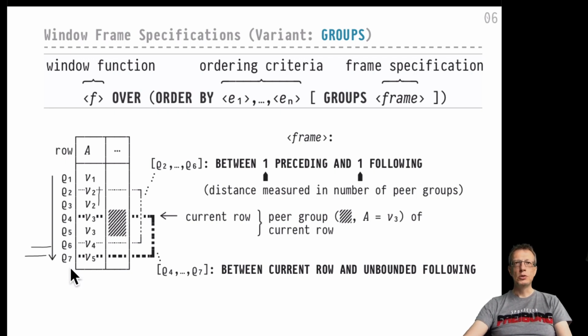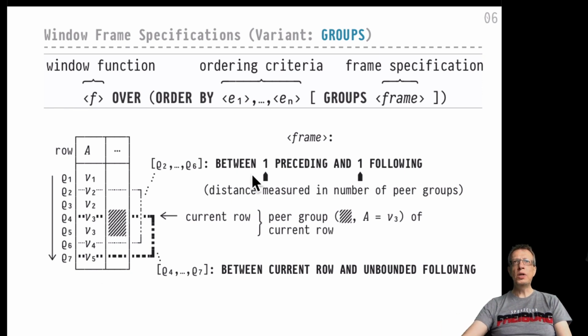All right, so now frame inclusion or frame membership is just determined by the number of peer groups before and after the current row. Okay, so we are not counting individual rows like in the rows mode, but we are counting entire groups of rows.